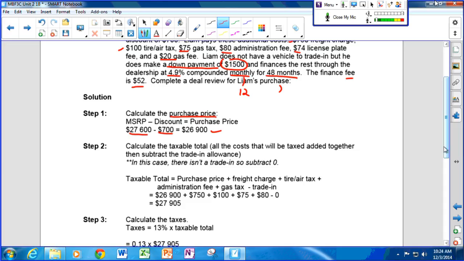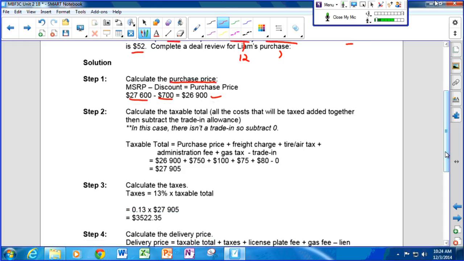Now, the taxable total, okay, you have to watch it in these types of questions, because sometimes they'll tell you that certain things are taxable and certain things aren't. But in this case, it looks like they've included everything, all the costs that will be taxed, added together. It makes more sense to add everything that's taxable and then calculate the tax on that total.